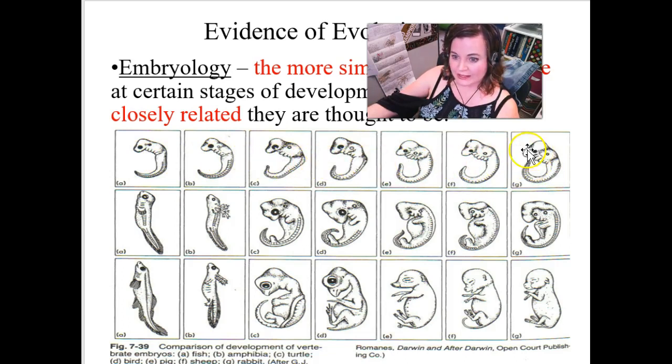As the embryo develops, there are very similar structures. They share a lot of structures in common. You have the little gill slits, the pharyngeal gill slits, the tail. There's many different features that all organisms, all animals in this case, share in common.